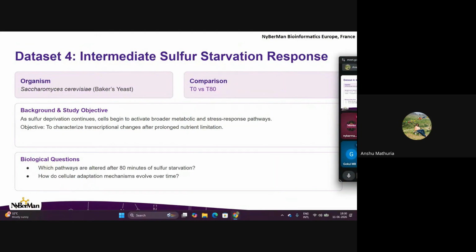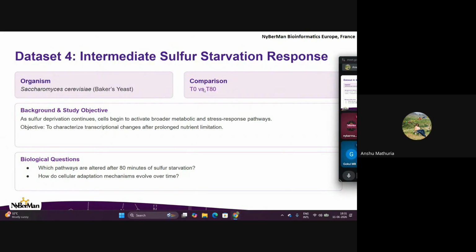Data set 4 is similar to data set 3. You're trying to understand the sulfur starvation response. Initially, you had 2 time points, 0 and 40. Here we have increased the sulfur starvation: we are going to starve the yeast for 80 minutes, not 80 hours, sorry, and then give the yeast the sulfur.